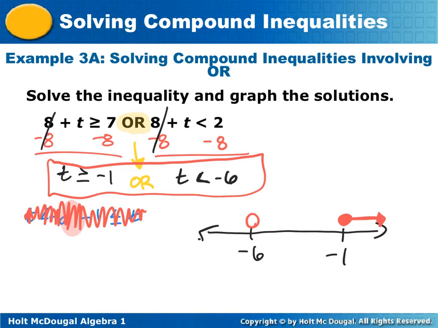Bigger is always to the right. If it were smaller, like t is less than -6, it's going to go to the left. When things are bigger, they go to the right. When they are smaller, they go to the left. So even if you have a complete brain fart and can't remember that or goes in opposite directions, you could still figure it out. We good?